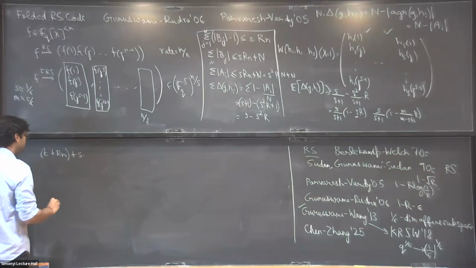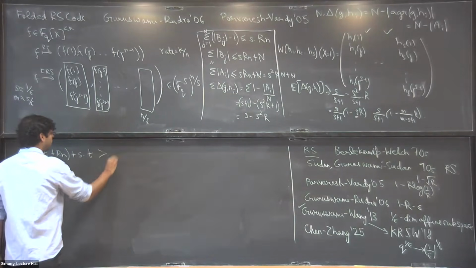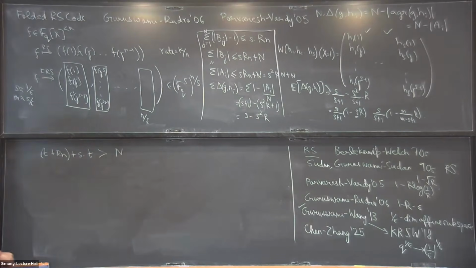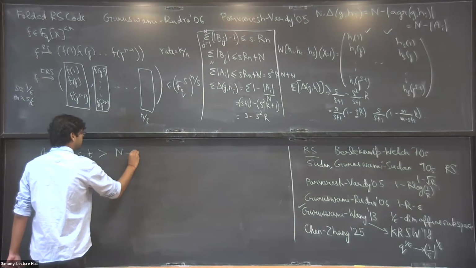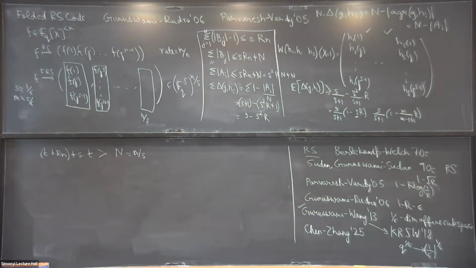And again, I'm being a bit sloppy with plus 1 minus 1. S times T, I want this to be more than capital N, think of this capital N over S. If the number of variables exceeds the number of constraints, then we are good to go. We'll find some non-zero solution.